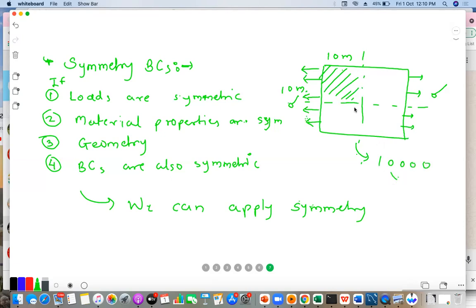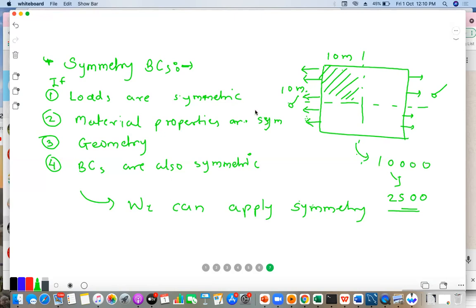With quarter symmetry, I am taking only a quarter part, so I can have only 2500 elements. The number of elements is reduced, so my analysis time will be reduced, and I can save time and effort as well. So whenever we have a symmetric boundary condition, we should apply that.